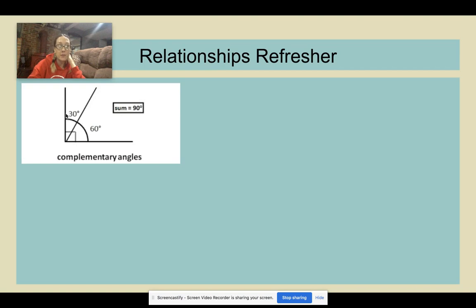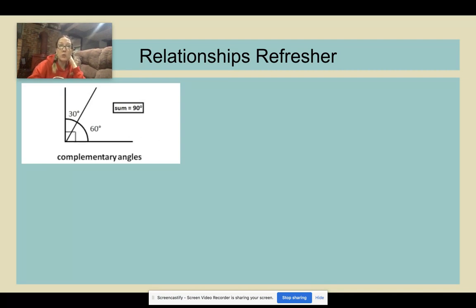In this example, we have one angle that is 30 degrees and another angle that is 60 degrees. Those two would be complementary because when you put them together, 30 and 60, the sum is equal to 90 degrees. It forms a right angle. That's usually our biggest clue that it's a complementary relationship.